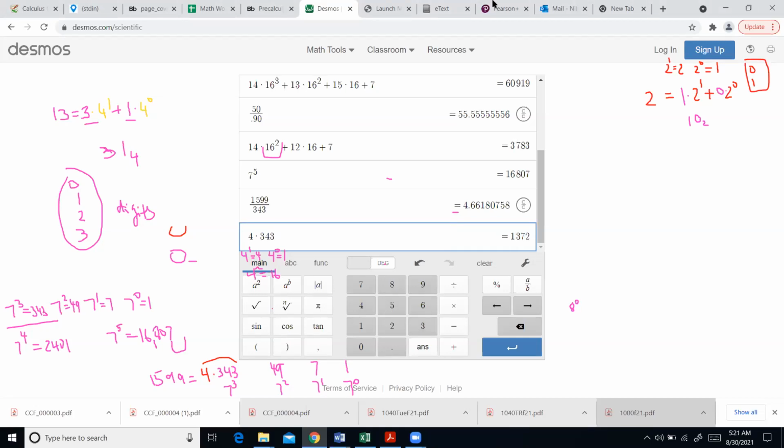So once we have multiplied, we got 1372. So the reason why we need to divide it by 343, because that's a power of 7. So we need to divide by powers of 7 to see how many times they fit.